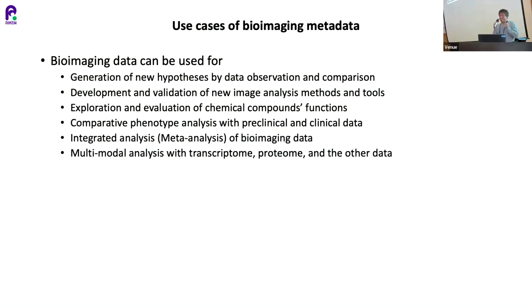The essential metadata depends on the purpose of the data's use. If the same data is there, a molecular biologist needs some information, but an AI scientist needs different information. Depending on the purpose of use, the necessary metadata is different.